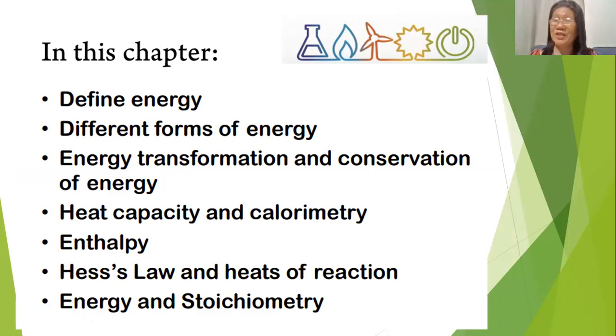We will look into the different forms of energy, how it is being transformed and how it is being conserved, and the ways in the laboratory of converting this energy into heat, that is heat capacity and calorimetry. What are the different forms of energy?